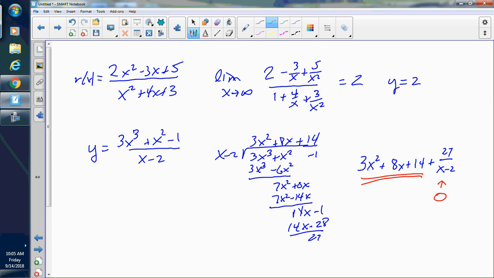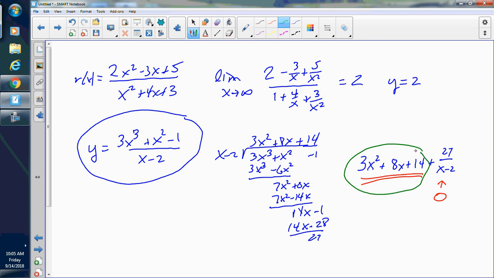If we were to go to Desmos and type in our original function and this function, as we zoom out and make x grow larger and larger, the graph of our original and the graph of this restatement are going to be pretty much the same.